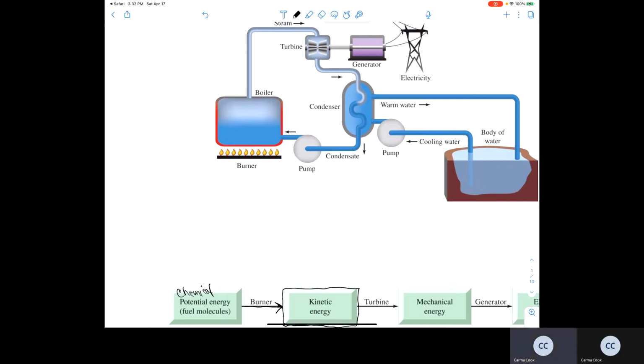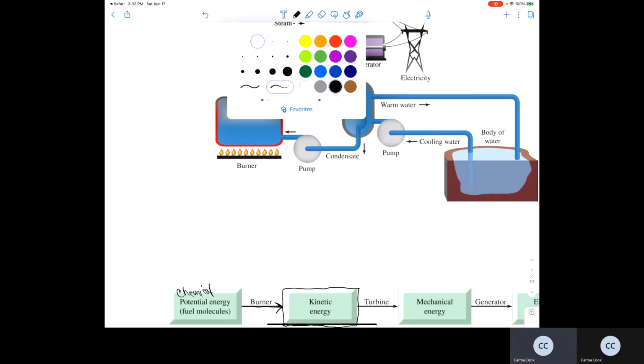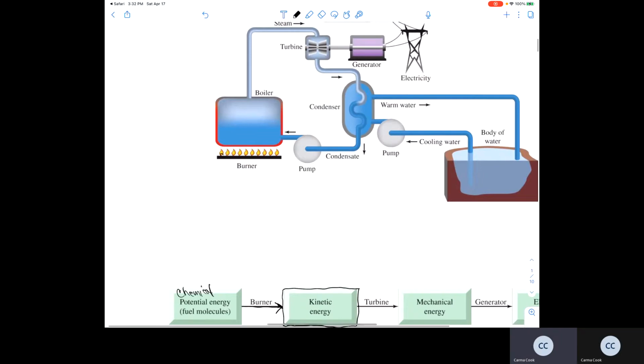Well, taking a look at the schematic of the power plant, what you have in the burner is your fuel. Let's say we're burning coal in our power plant. And then the flames there, there's our ignition source to combust the coal.